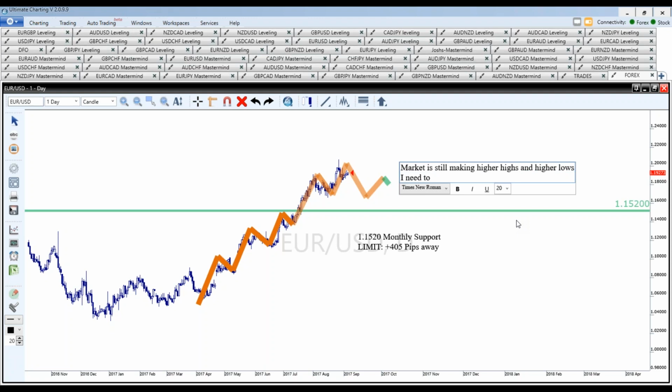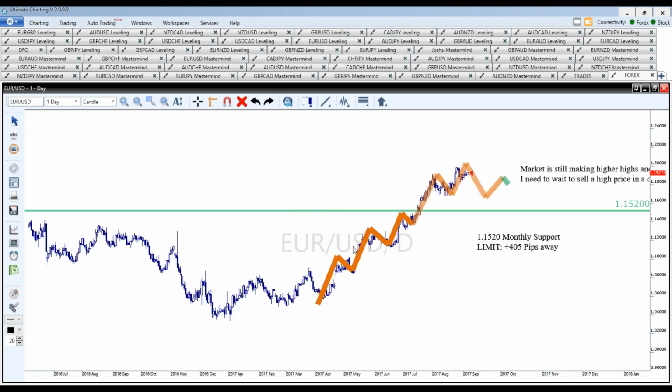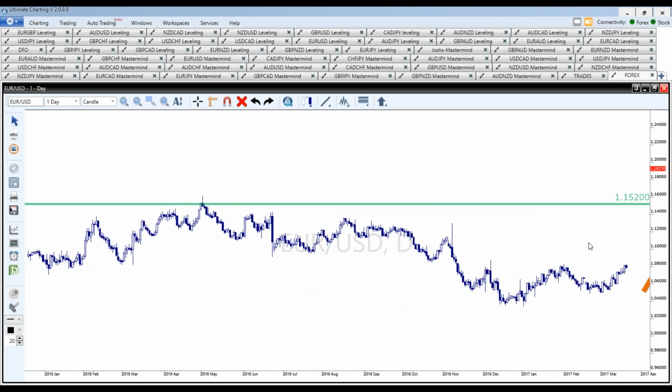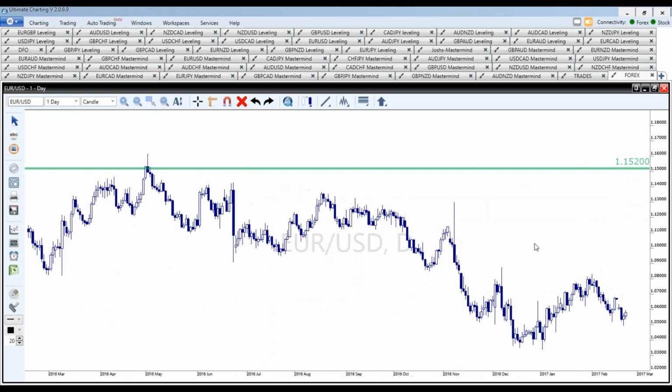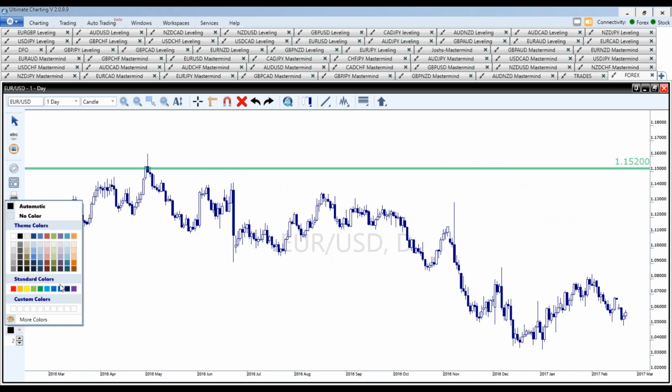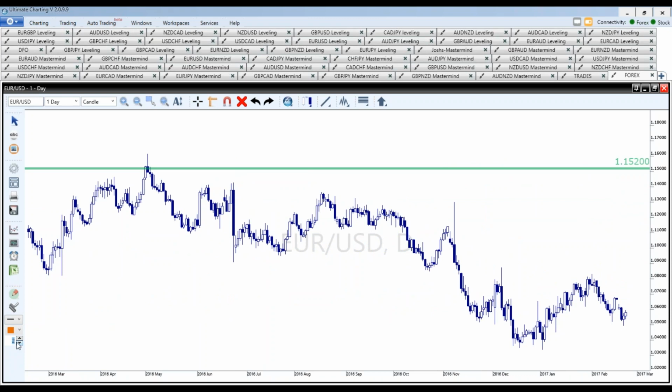I need to wait to sell a high price in a downtrend. Okay, let me give you a prime example. The market was making lower lows and lower highs, and then the market did this: left tip, center tip, right tip.